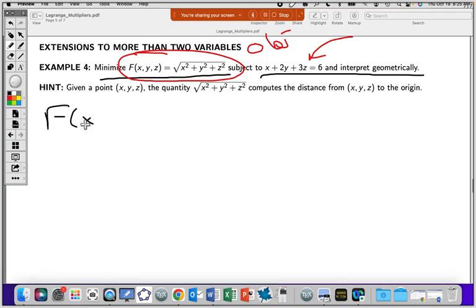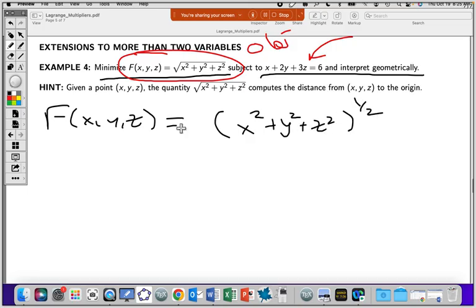So we've got our f of x, y, z. And to make this a little more calculus friendly, instead of writing it as a square root, we could write this as what power? Yep, the 1/2. And then for our constraint, we've already got this equation written as essentially all the letters on one side equal to a constant.